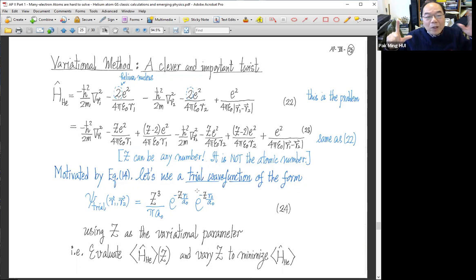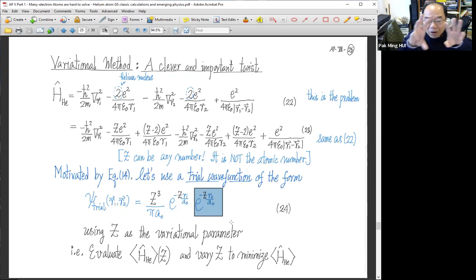Again, our idea of doing this multi-electron atoms is to try to write the many electron wave function into products of single electron wave functions. That is to say, each part only depends on one electron coordinate. R1 here, R2 there, separately.